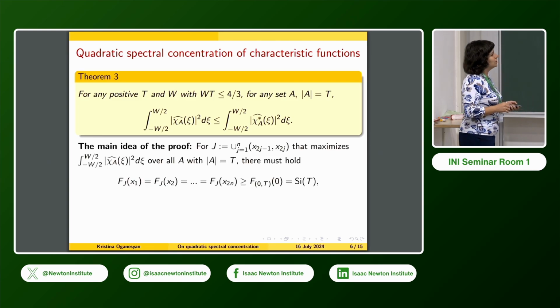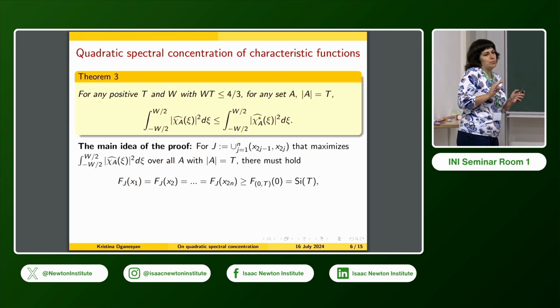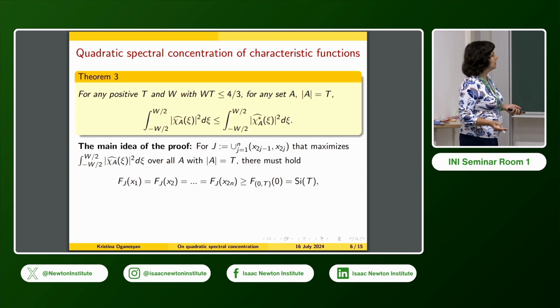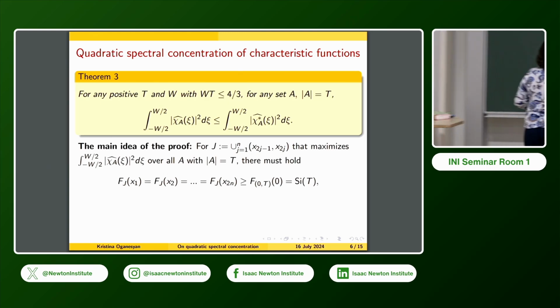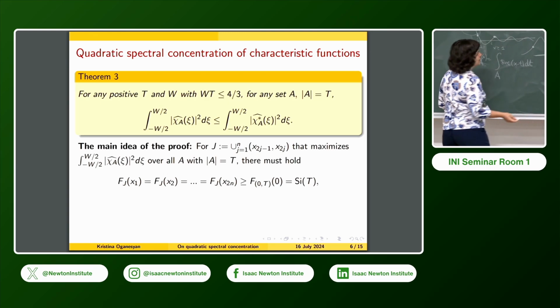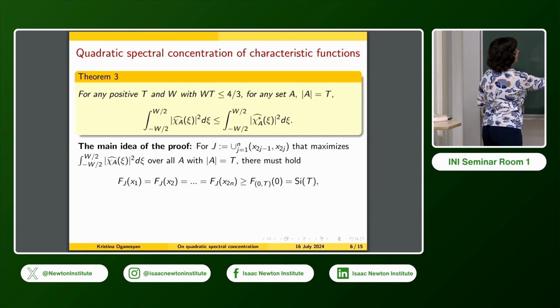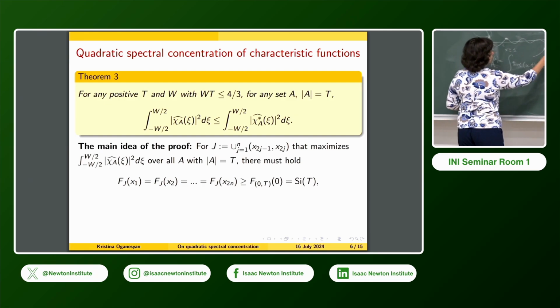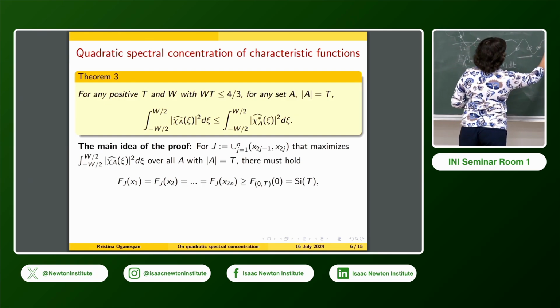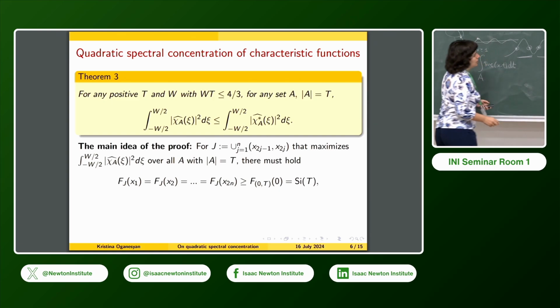The idea is to consider these extremizers, which by our assumption will be not just a single interval, but several intervals. And then we can see that the value of f_A at these points should be large, at all these points should be large.